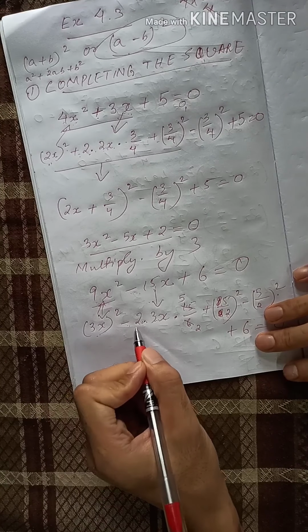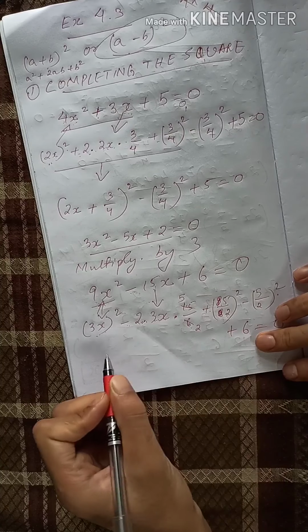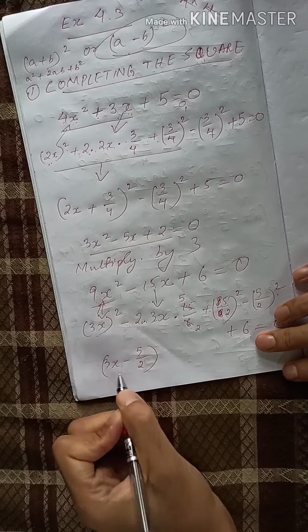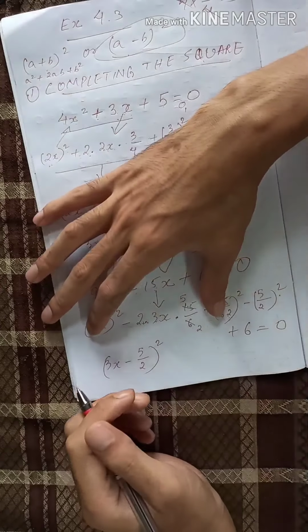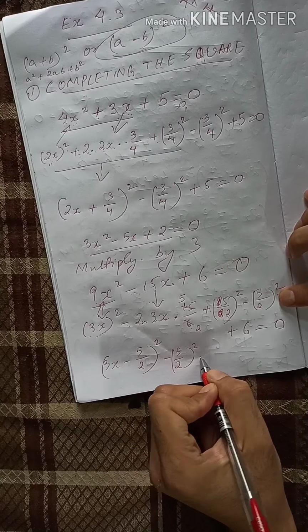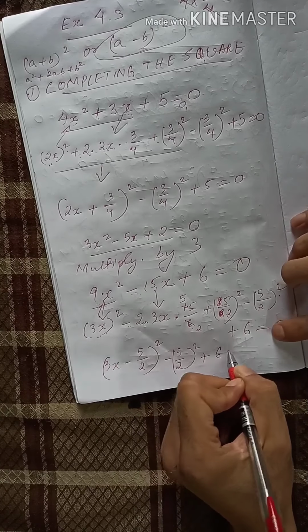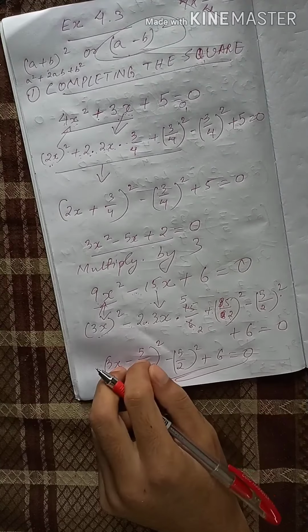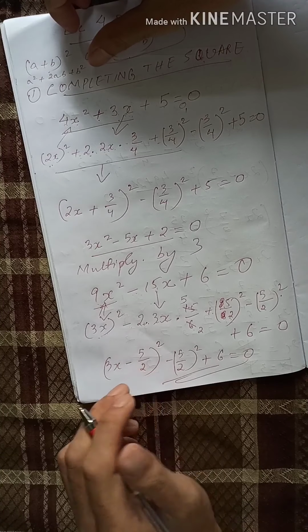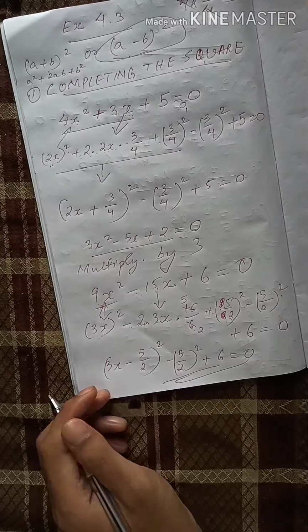A square minus 2ab plus b square will give us a minus b whole square. Now minus 5 by 2 square plus 6 equals 0. This is how we find the roots of a quadratic equation by completing the square method.